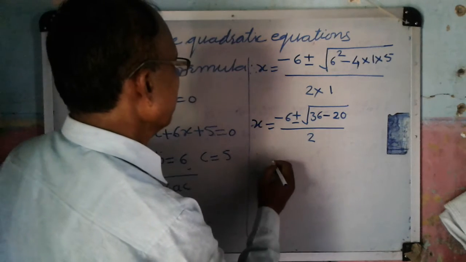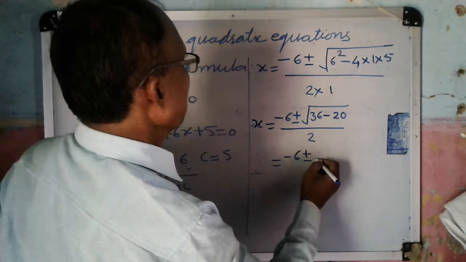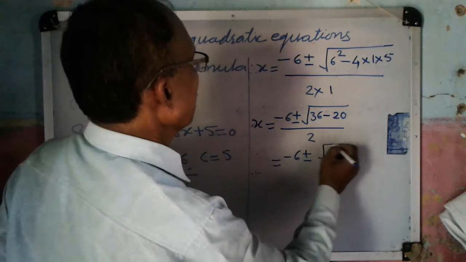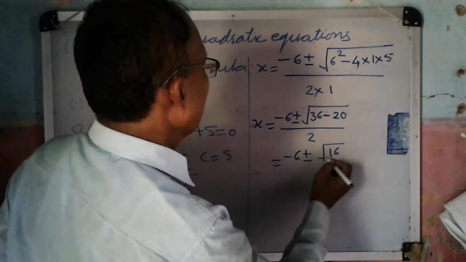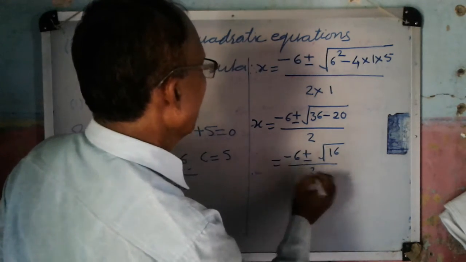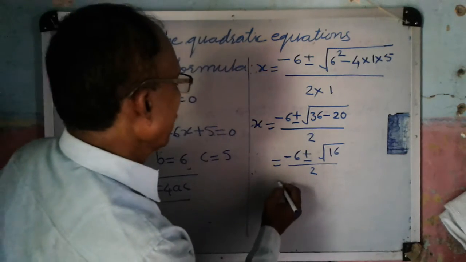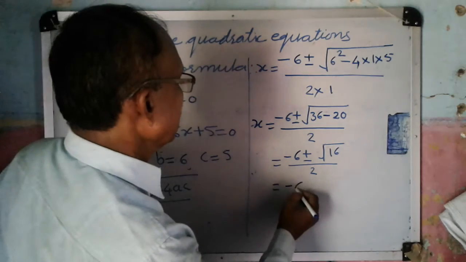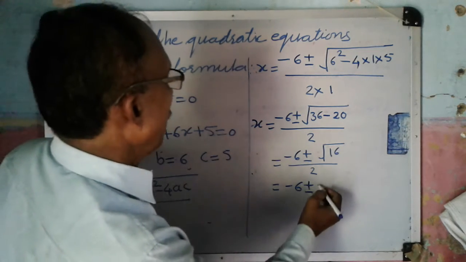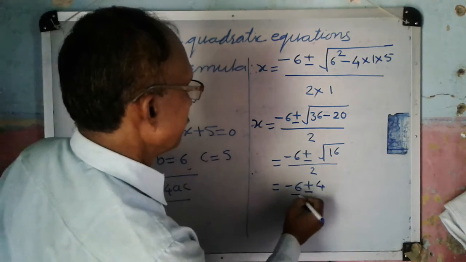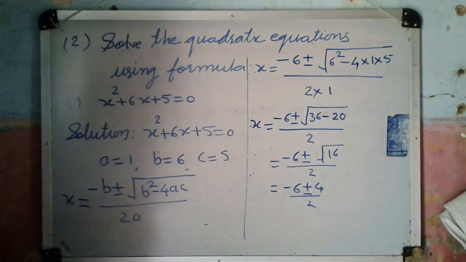That is equal to minus 6 plus or minus root 36 minus 20 we get 16 upon 2. That is equal to minus 6 plus or minus square root of 16 is 4. Minus 6 plus or minus 4 upon 2.